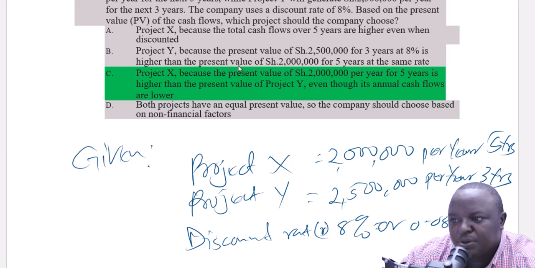No. Project X, which is the right option, because the present value of 2 million per year for 5 years is higher than the present value for project Y, even though its annual cash flow is lower.